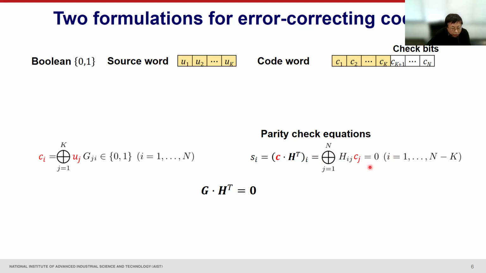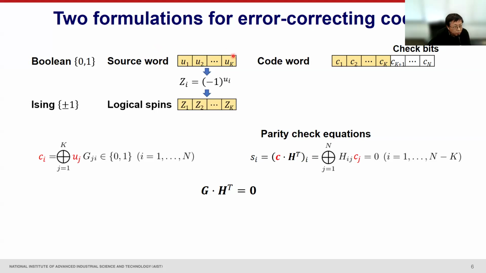Here, the bipolar matrix G and the matrix H are called the generator matrix and parity check matrix, and satisfy this matrix equation.